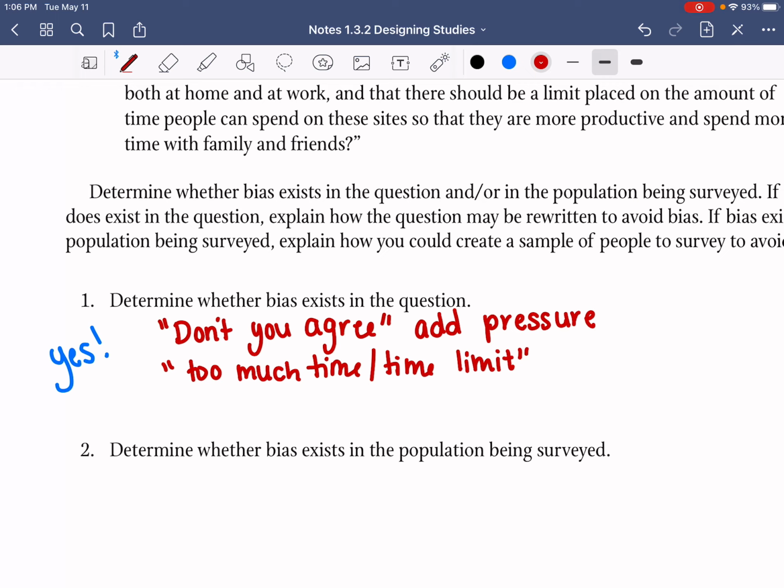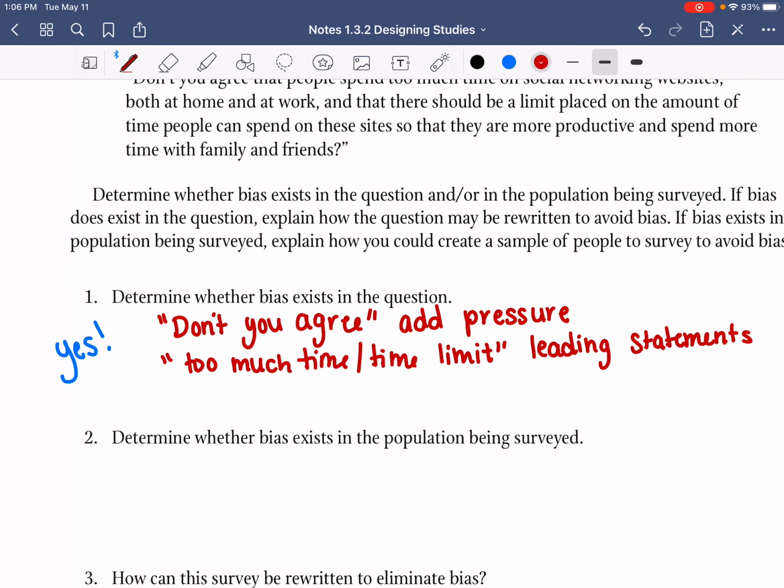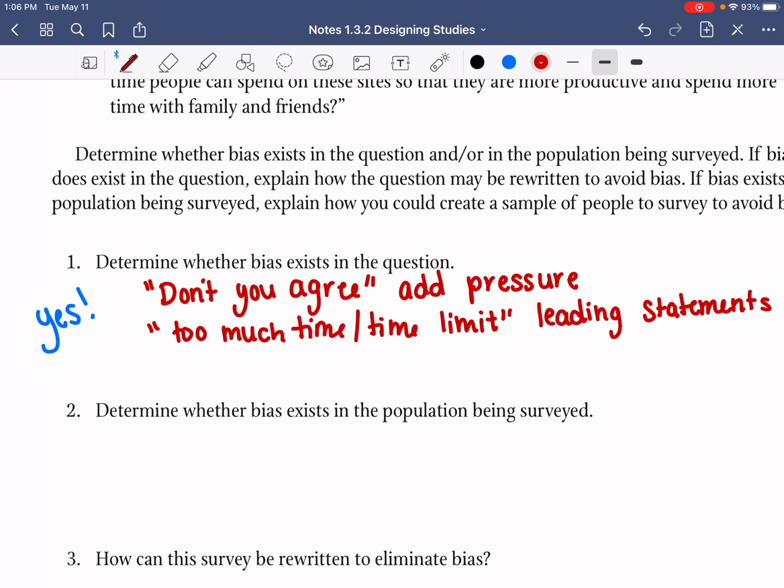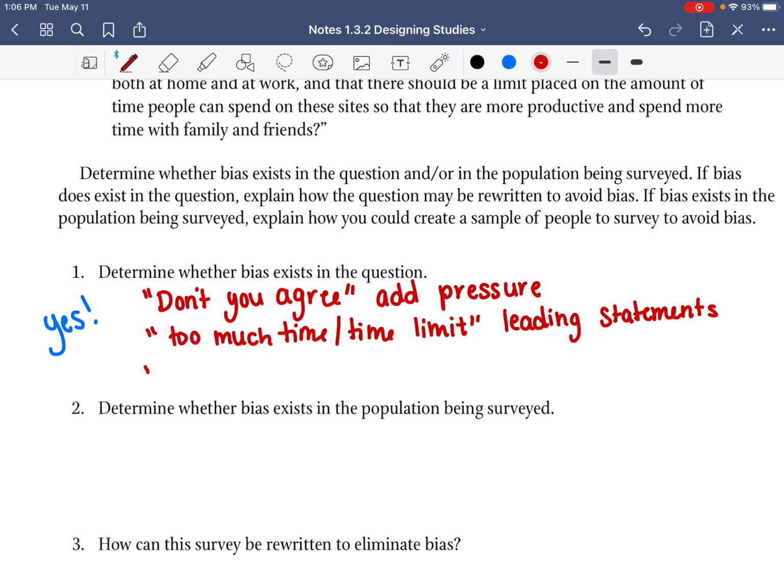These are leading statements where they lead you to think that people do spend too much time. If they're spending too much time, then there should be a limit on it. And then it says that they should be more productive, spend time with family.